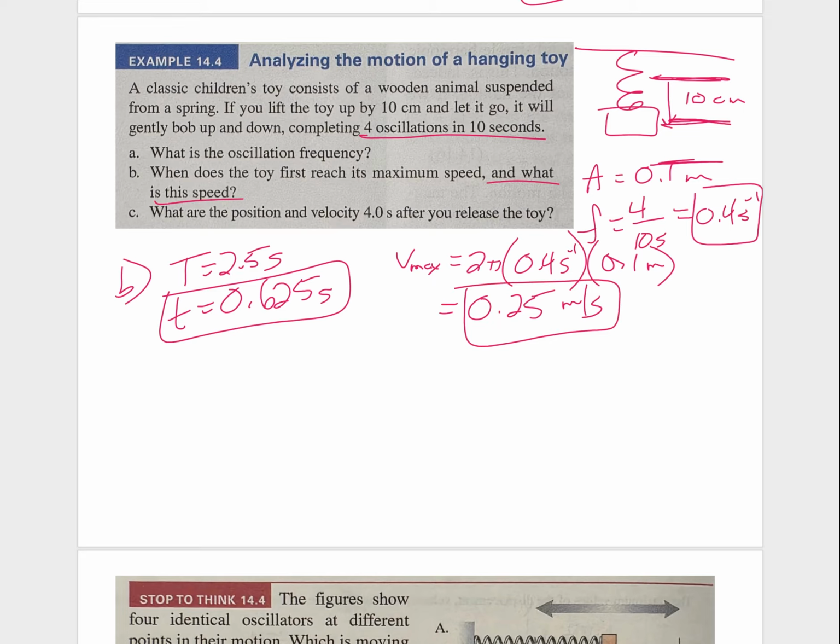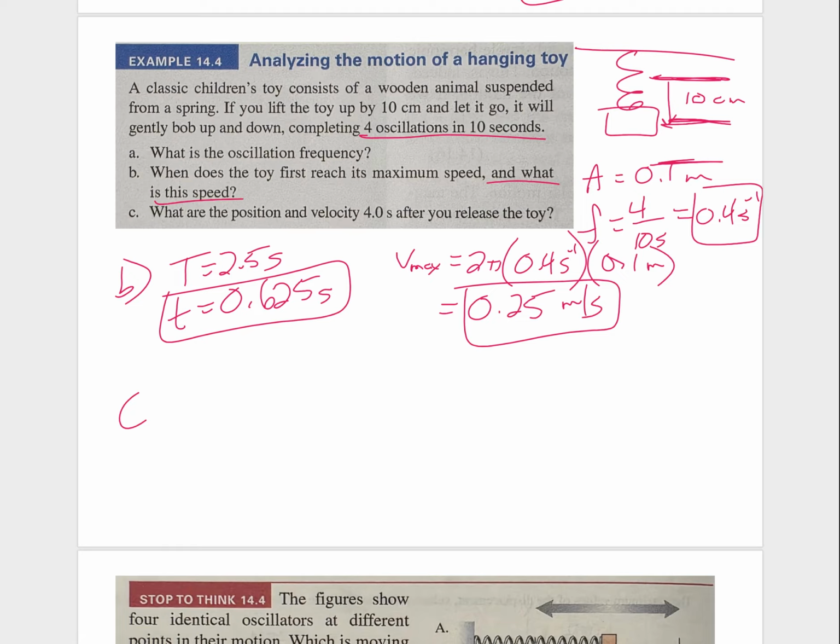Okay, part C. What are the position and velocity 4 seconds after you release the toy? How can we find position? The position is just our amplitude. Is it?